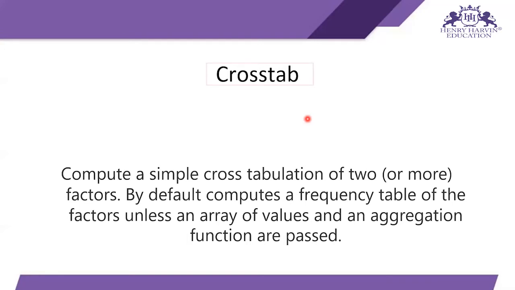So in that case we have two headers, and to make those two or more headers in your data frame or data set, we use this crosstab function of the pandas library in Python.